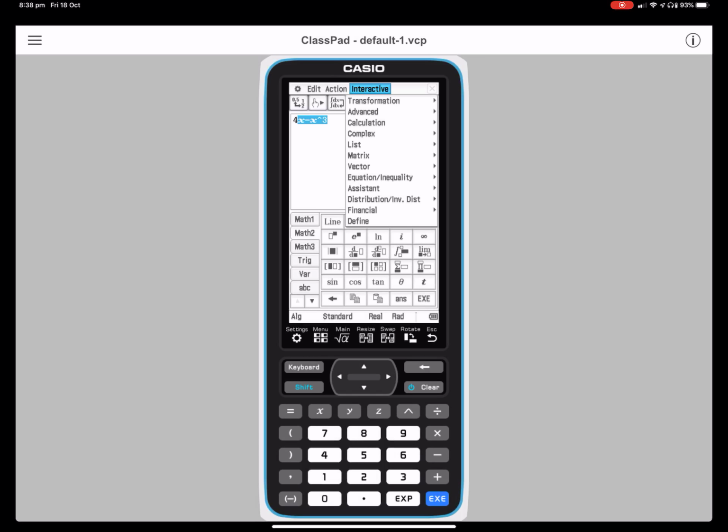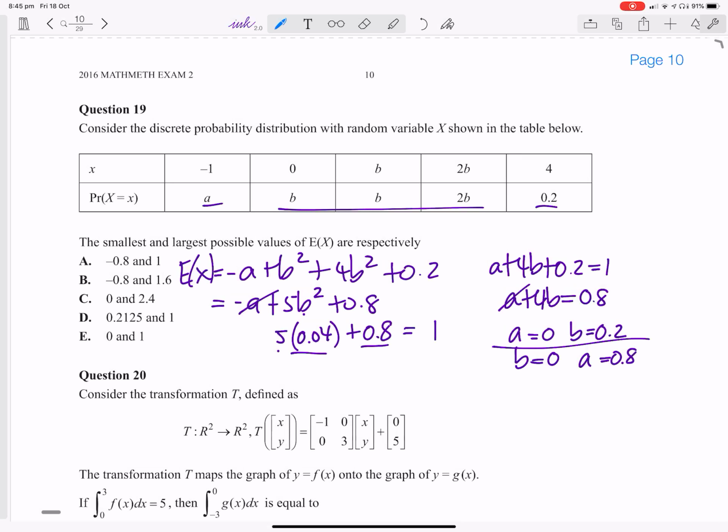So if a is 0 and b equals 0.2, 5 times 0.04 is 0.2, plus 0.8. This is if a equals 0 and b equals 0.2. 0.2 plus 0.8 is 1.